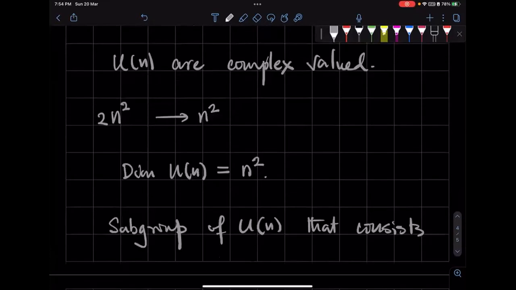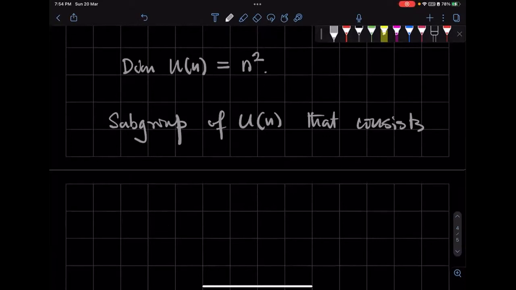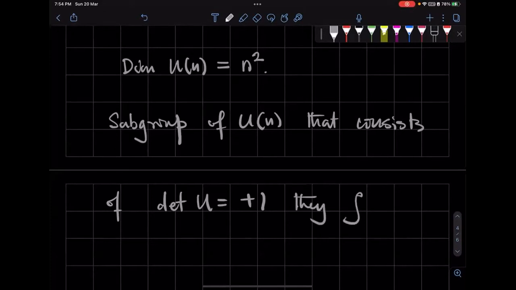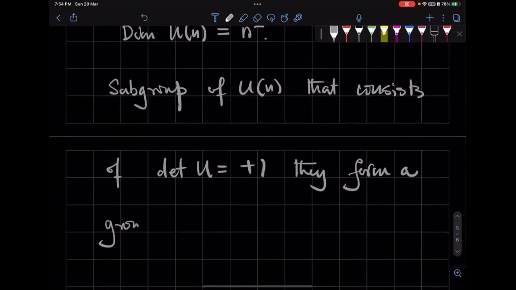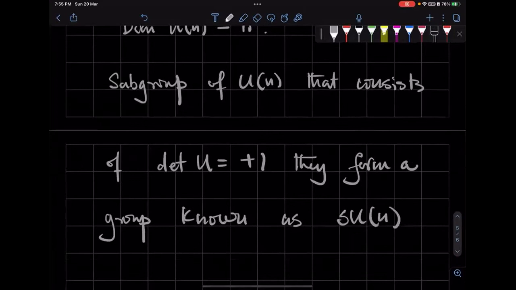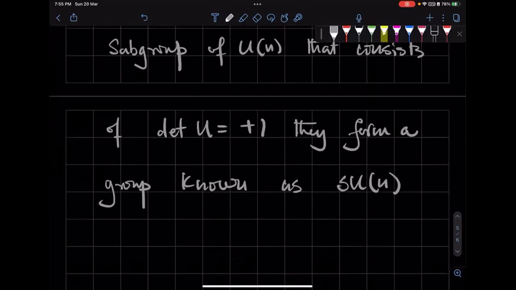The subgroup of UN that consists of all U with determinant of U equal to +1 forms a group, known as SUN. S stands for special, which is this condition.